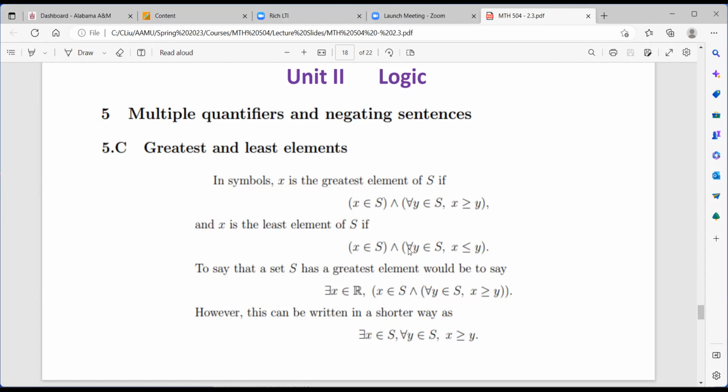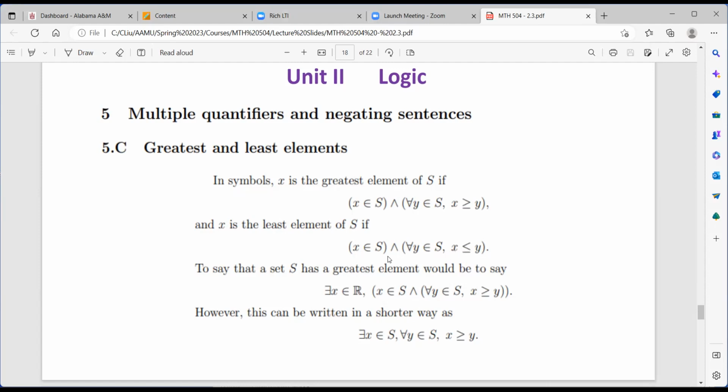And also, for any y in S, for each one, so we can use the arbitrary or universal quantifier again in here. We have x less than or equal to y, all right?